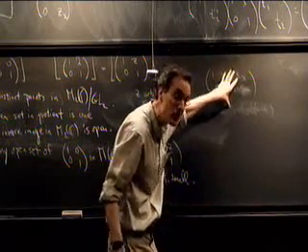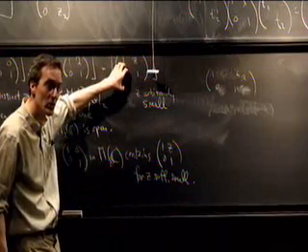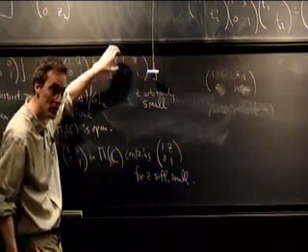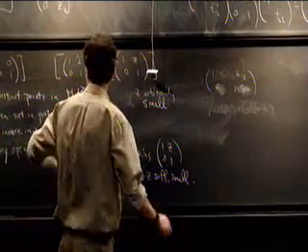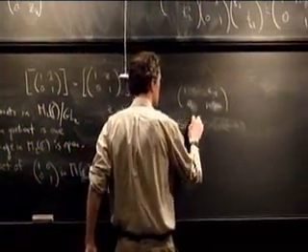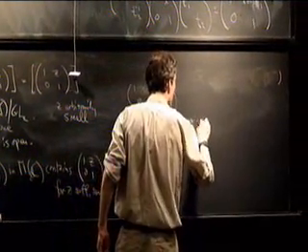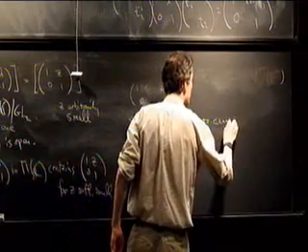But this matrix, you see, belongs to this orbit, which defines a different point. So these 2 distinct points cannot be separated.